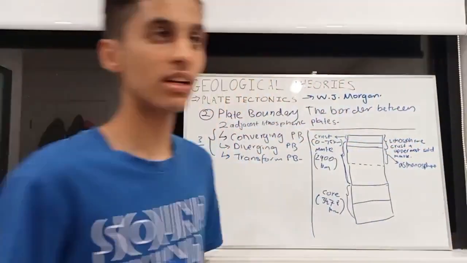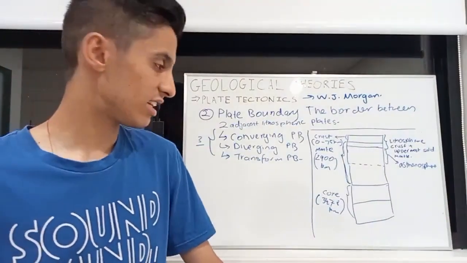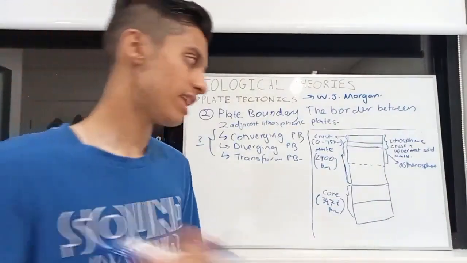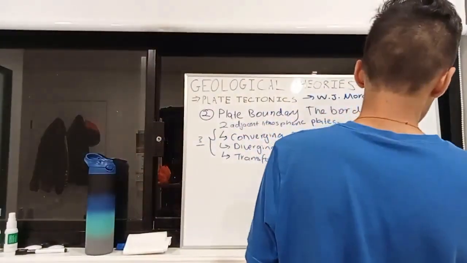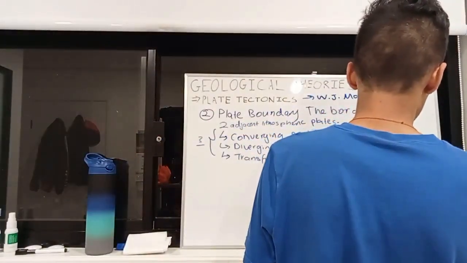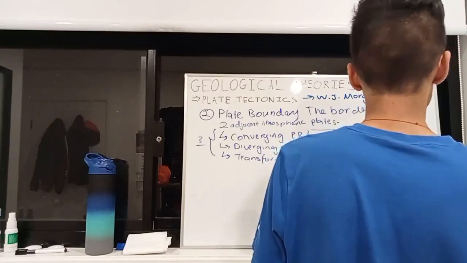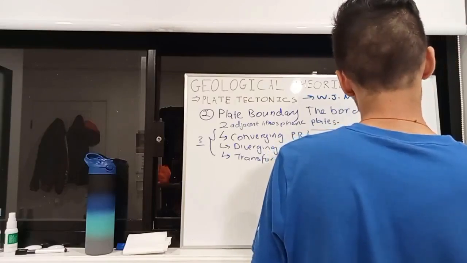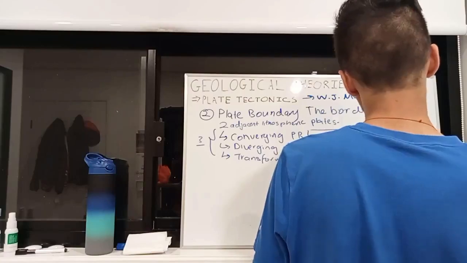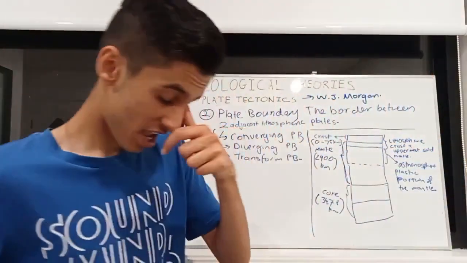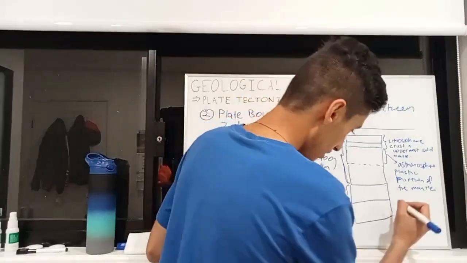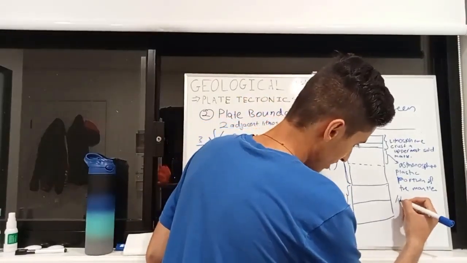The asthenosphere is the plastic portion of the mantle. And we can say that the lithosphere flows over the asthenosphere.